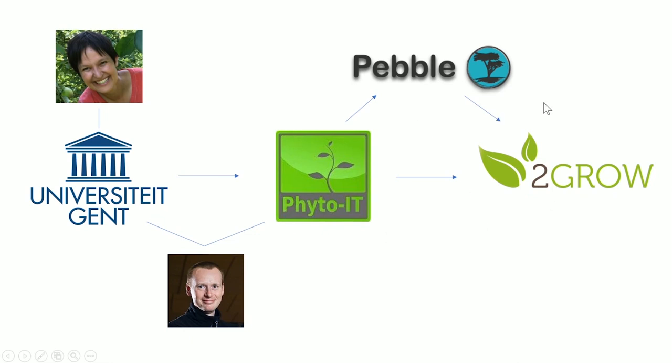To Grow is actually a more commercial entity that does the direct contact with the customers, but also the knowledge development. Phyto-IT is now more a development company, so R&D. He develops our sensors and we put them on the market and have contact with everybody about this.